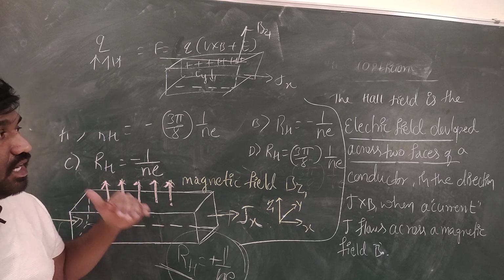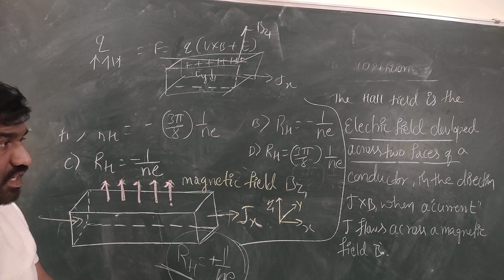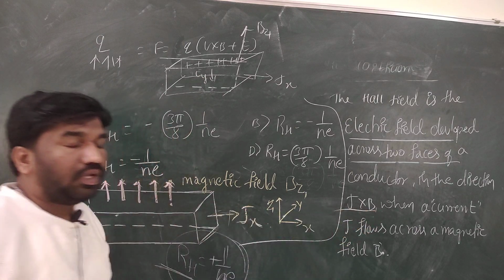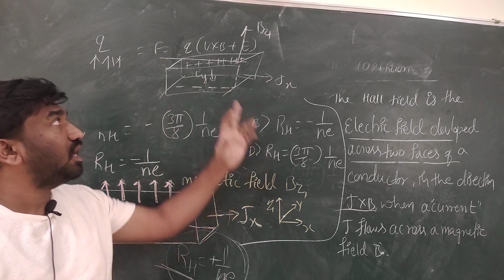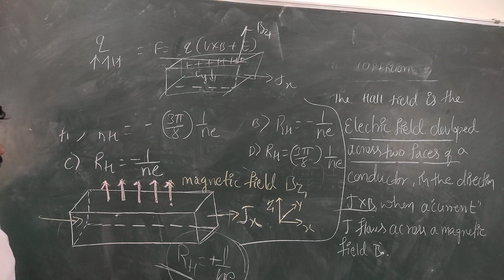This transverse electric field is created across the two faces of a conductor in the direction of J cross B if there is a current in the specimen and the magnetic field is along the z axis. This is called the Hall effect, and the answer is option number C.